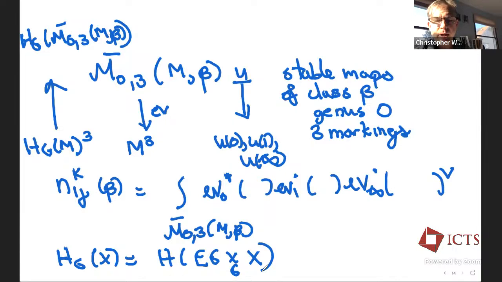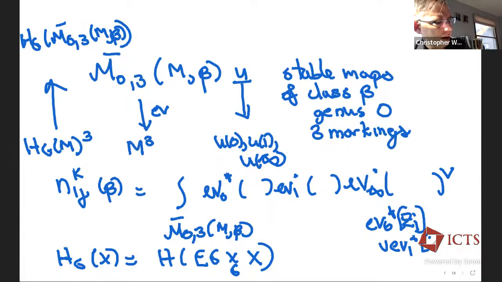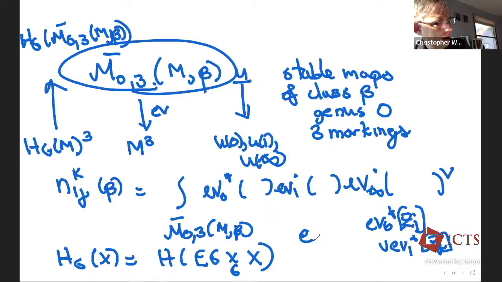Another way of saying what you're doing here to define the quantum product, I'm really taking F0 star of the first class and F1 star of the second class. This is now a class in the homology of this thing, and then I'm pushing forward that class under the evaluation map at infinity.